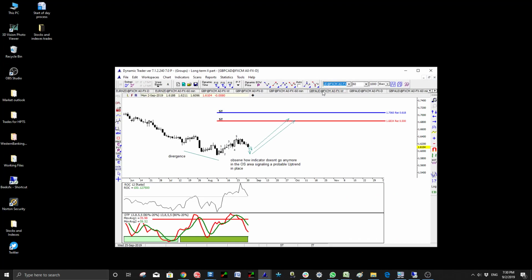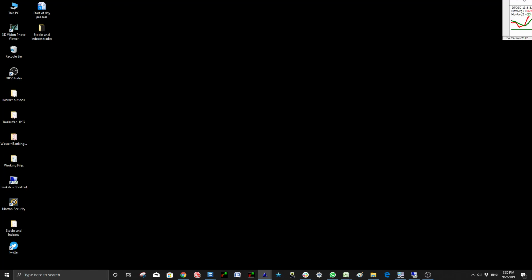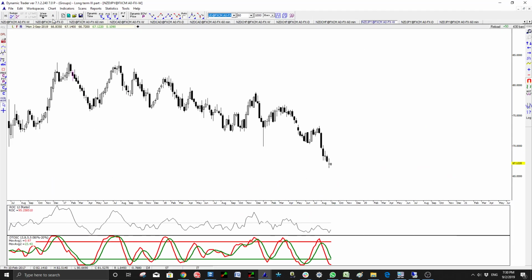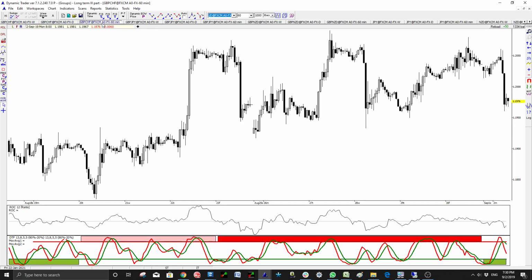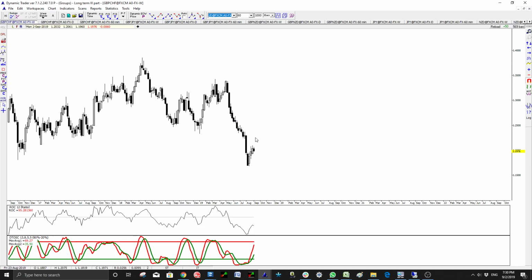I can go on and look at the other currency pairs, but there's no opportunity happening out there. I still have pound Swiss franc, which moved really nicely, but I didn't find any good opportunities right now. As you can see on all weekly charts, the pound is acting the same way, trying to gain some strength.